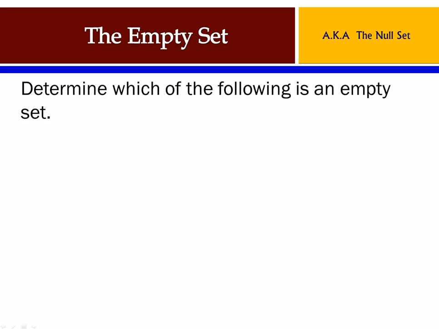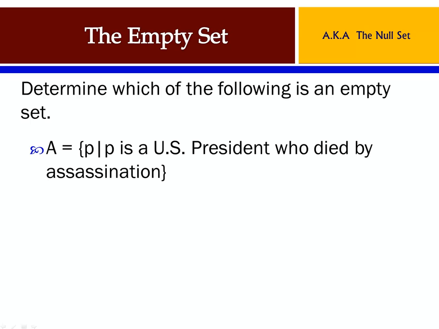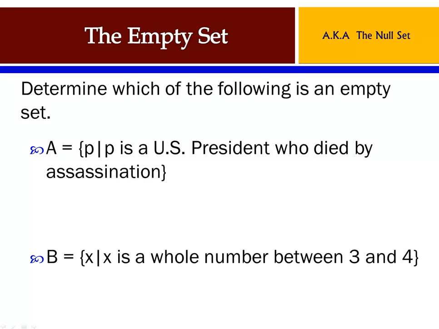You'll sometimes be asked to determine if a set is actually an empty set. So for example, A is a set of all elements P such that P is a U.S. president who died by assassination. Or B is a set of all elements X such that X is a whole number between 3 and 4.